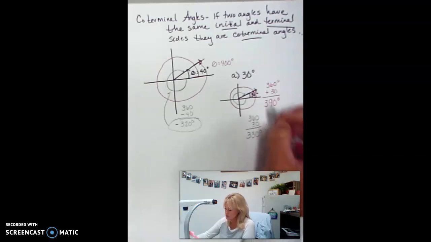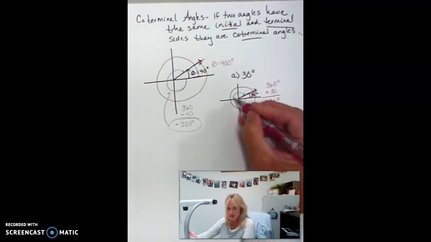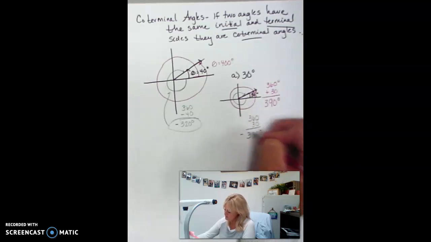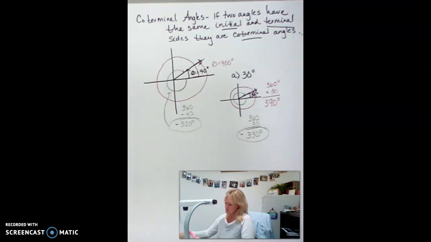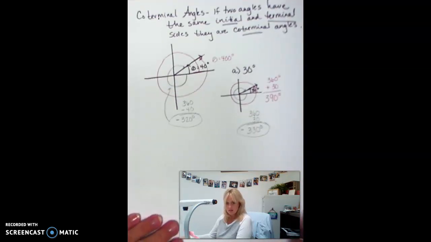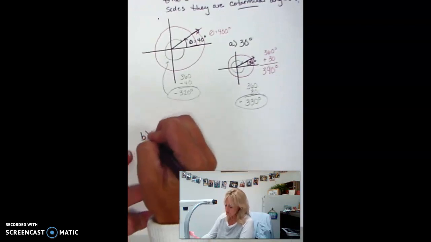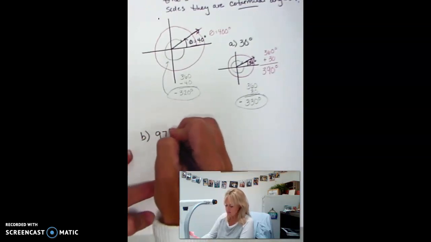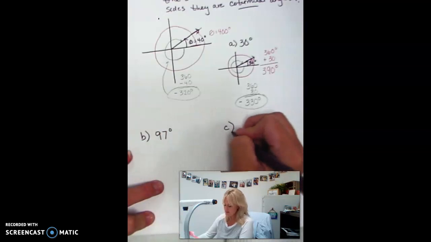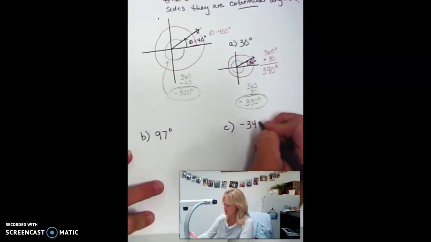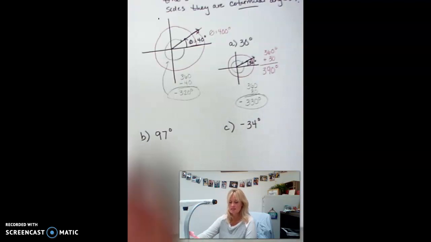However, which direction did I go? I went down. So it's a negative 330 degrees. So on your own, I would like you to find coterminal angles to 97 degrees and negative 34 degrees. Again, if it helps, sketch it out.